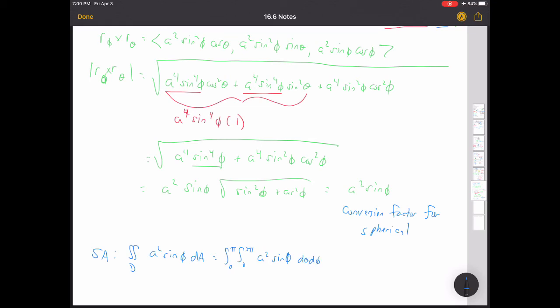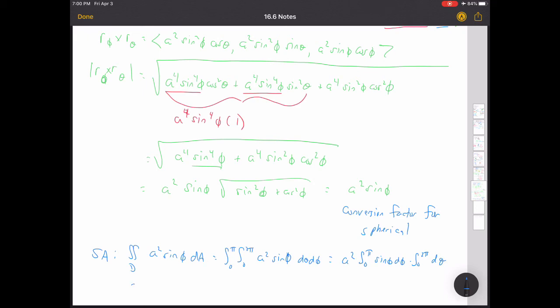Fortunately, a in this case is a constant. We can take that out to the front. We can separate this because thetas and phis are completely separable by multiplication here. So we're going to have the integral from 0 to pi of sine phi d phi times the integral from 0 to 2 pi of just d theta.